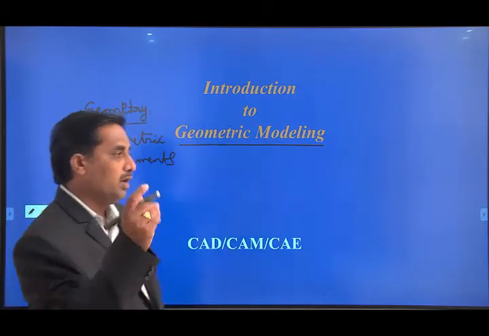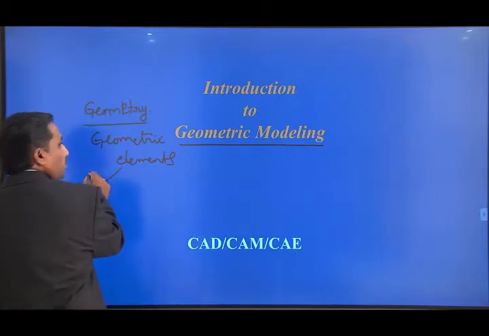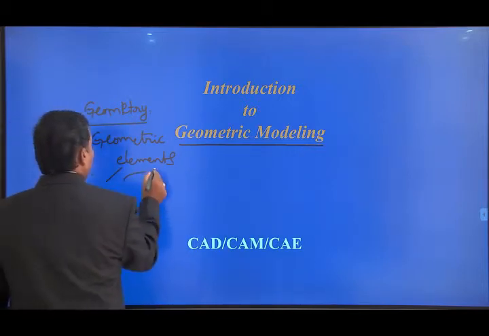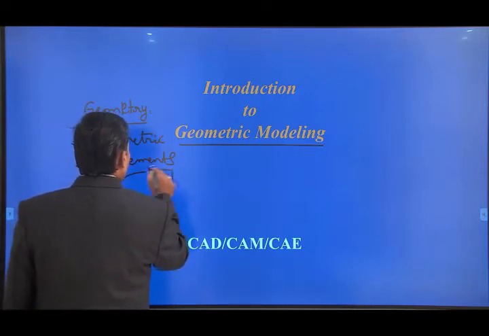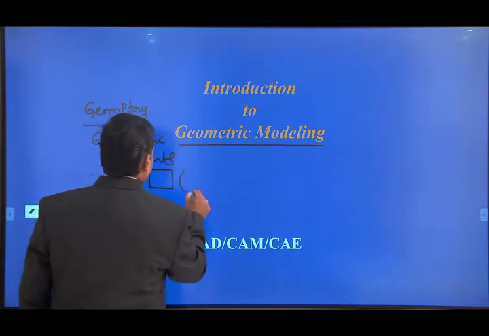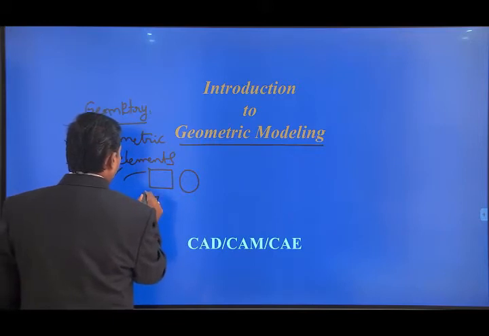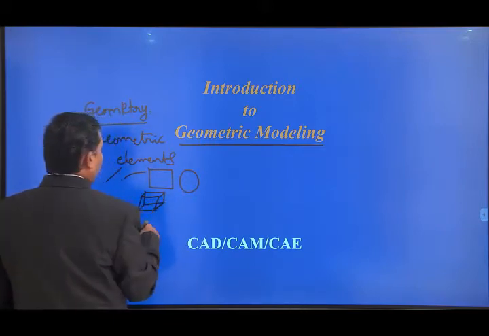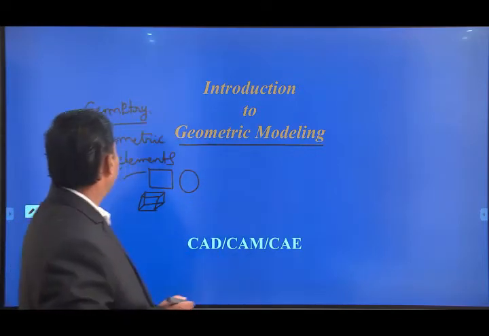These are nothing but a point, a straight line, curved lines, next planar elements like a rectangular plane, square plane or circular plane, and next 3D objects like a cube and spheres. All these are called geometric elements.